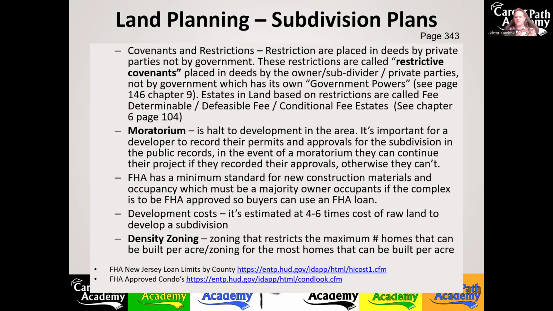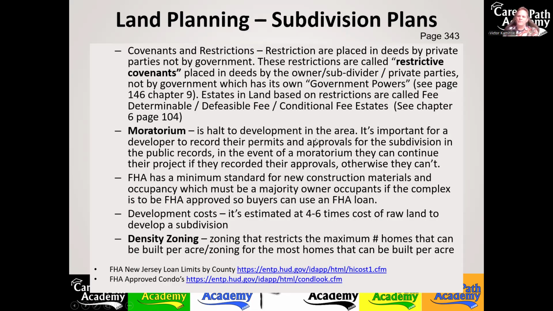The FHA has a minimum standard for new construction materials and occupancy requirements, which must be a majority of owner occupants if the complex is going to want to have people be able to get FHA loans to buy in them.